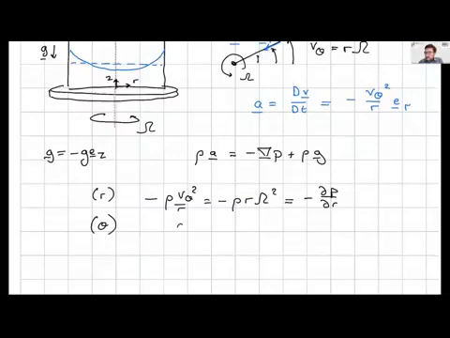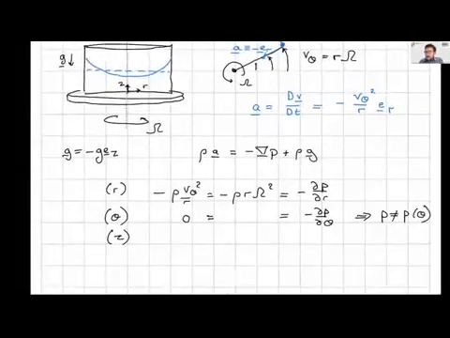In the theta direction, there's no acceleration, and there's also no pressure gradient in this direction, because when I go around through a full 360 degrees or 2 pi radians, I must come back to the same place that I began. So this tells me that we shouldn't expect that the pressure is a function of theta.